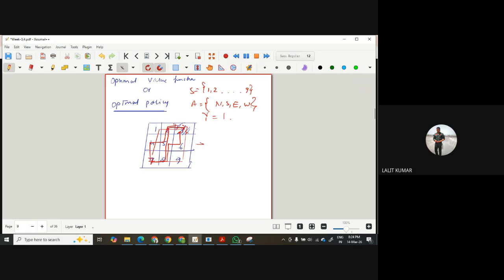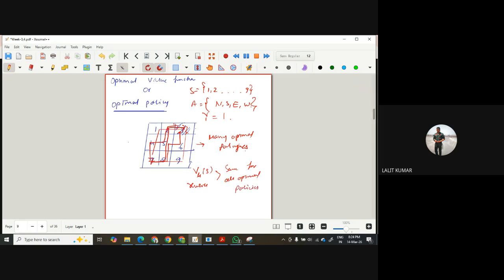It means it has many optimal policies. But remember, the value function and the reward will be the same for all optimal policies. This is very, very important.